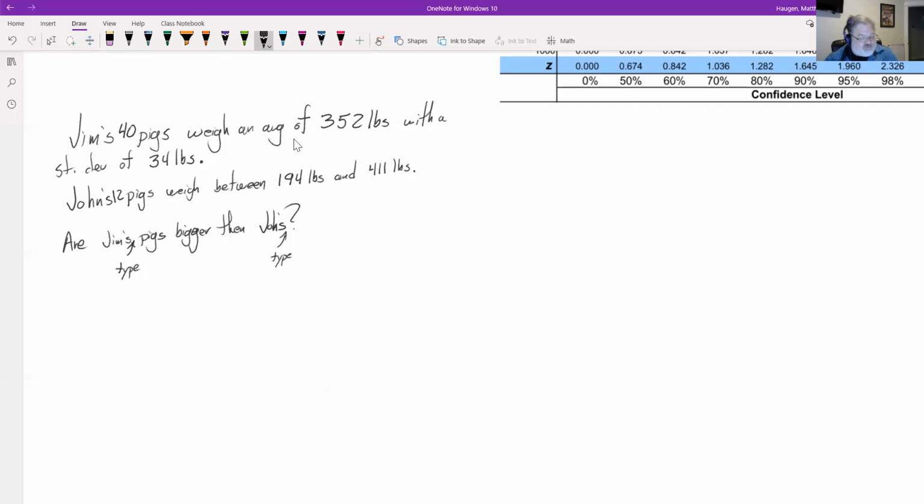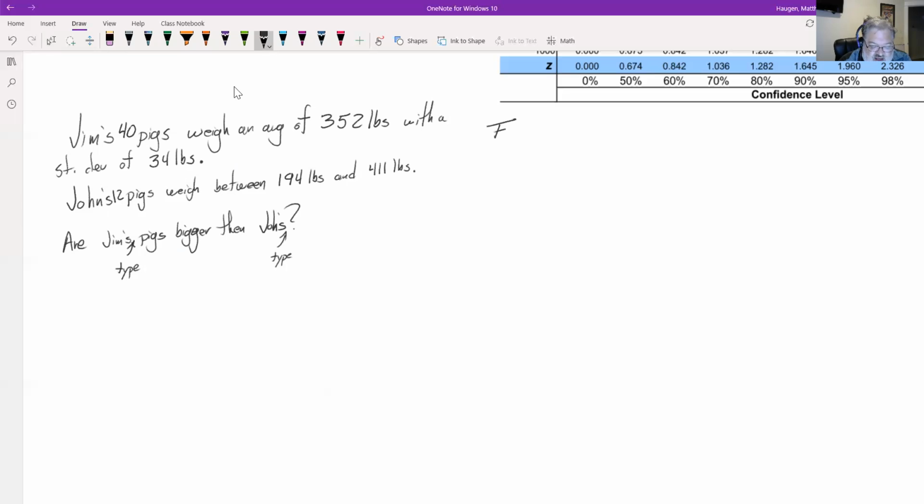So we want to find, based on these samples of Jim's 40 pigs and John's 12 different type of pigs, an interval for both of these on what their average size is. Now, this isn't a medical issue, so 99% confidence is not necessary. I'm not even sure 95% confidence is necessary for pig weight. How about 70%?